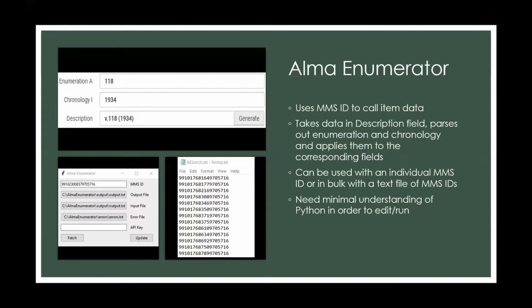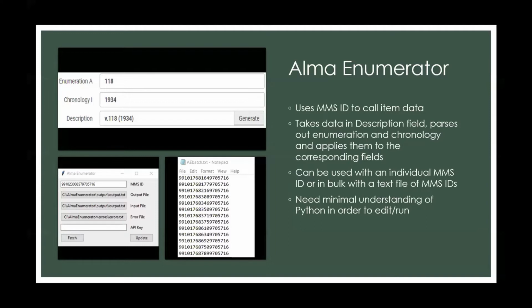It has a very simple user interface. You can see it on the bottom left. You would just pop in your MMS ID and then pop in the API key to update any item records under that MMS ID. And then if you would like to, you can also run it with a list of MMS IDs. That's what I'm showing in the bottom right, and that list goes on and on and on.